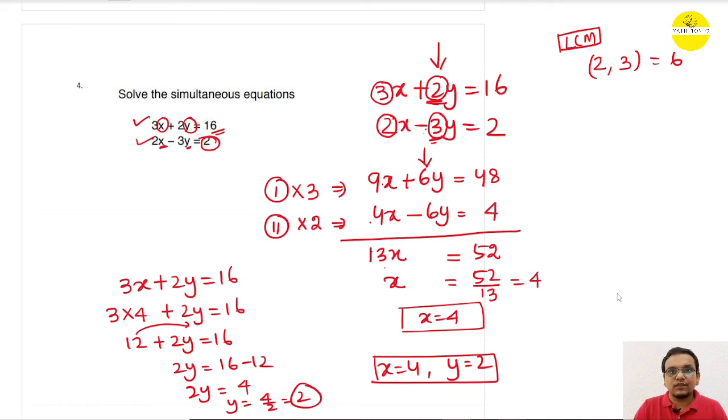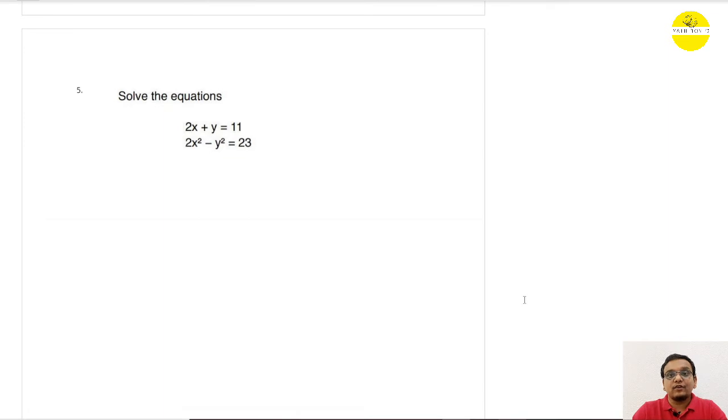Right? Now move to the next kind of question. In this question, we have two different kinds of equations. The previous examples that we have taken, those two equations are known as linear equations, but here we have two kinds of equation. The first equation is known as a linear equation, and the second equation is known as a non-linear equation.